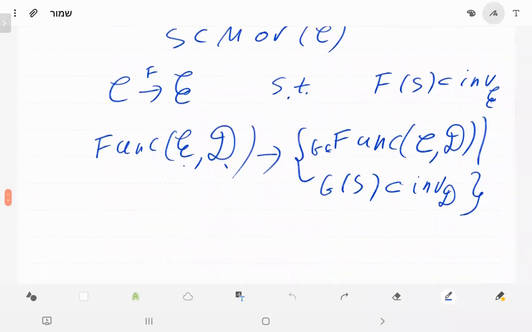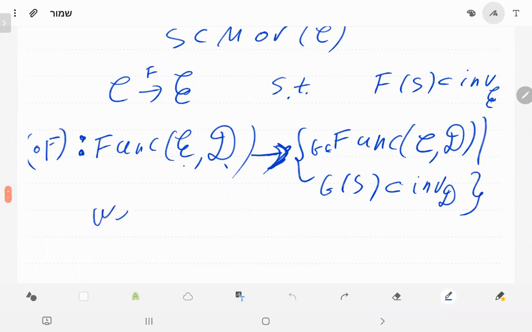So let's call this large functor with some name. We first perform F and then perform something else, and call it like this.